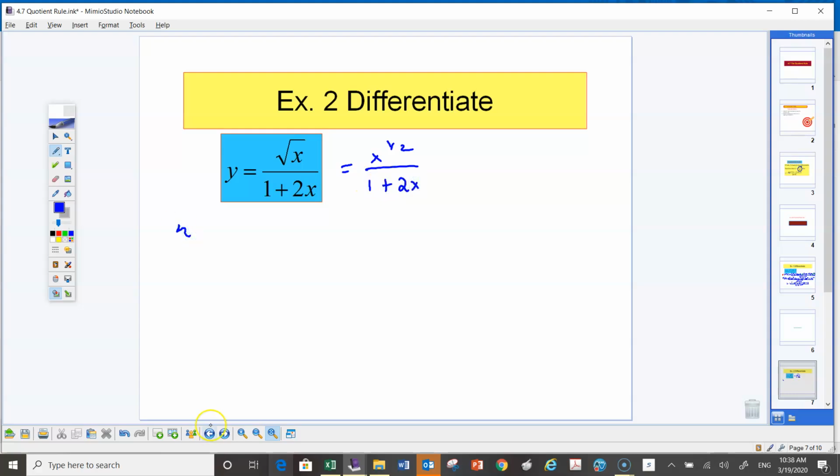Now to take the derivative here, again, because this is a quotient of two terms, we are going to use the quotient rule. So the quotient rule says it is going to be the denominator, so y prime is going to equal my denominator, which is 1 plus 2x, times the derivative of the numerator, which is 1/2 x to the minus 1/2.